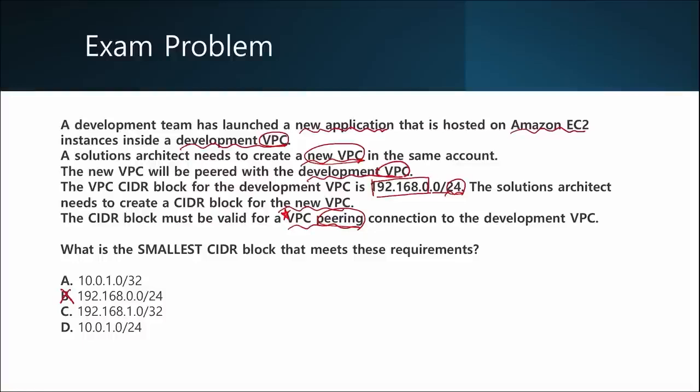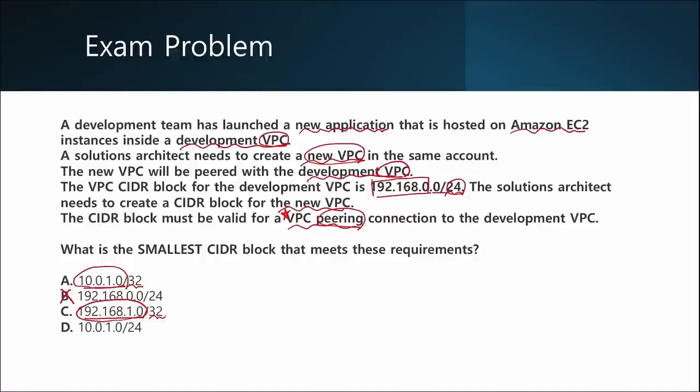If you look at the CIDR blocks of A and C, they are /32. This 32 means that all bits in the front are fixed. If the CIDR block is /32 like this, it means exactly this IP. However, when we set up a VPC, there must be public or private subnets within the VPC.